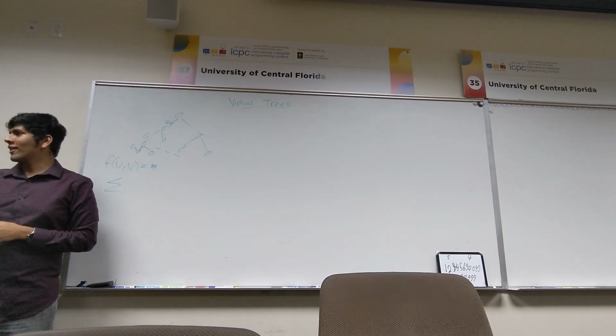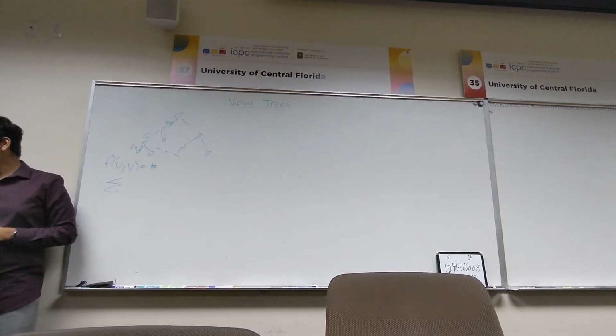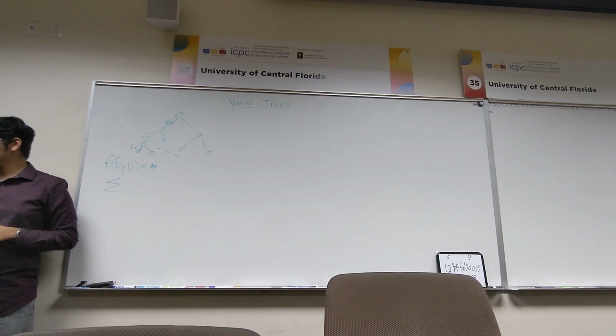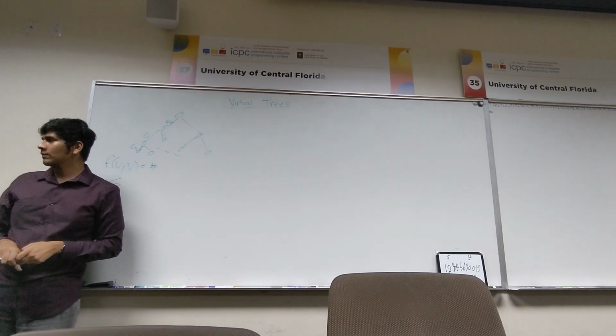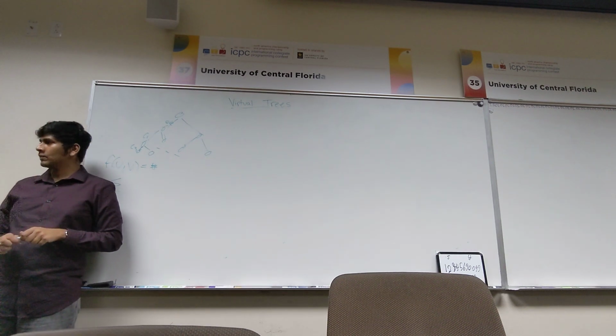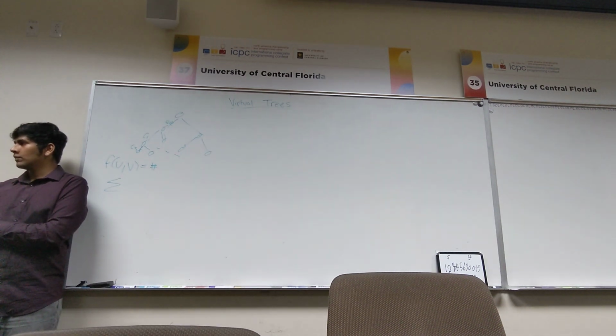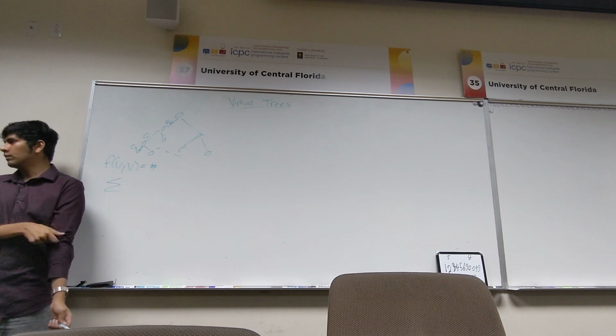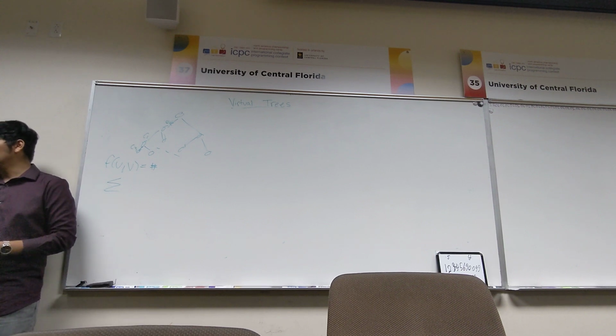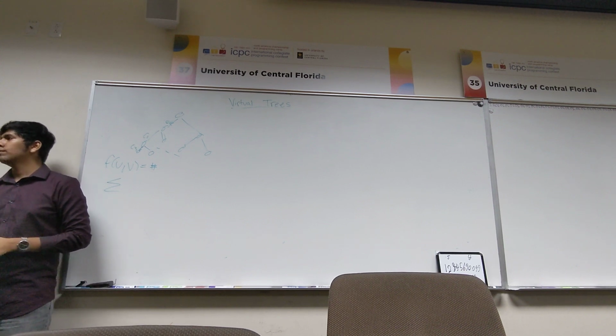So what's your idea? I was thinking, well, actually I have two ideas. One of them is we could do something similar, where you do dynamic connectivity offline and remove all the edges of some color.